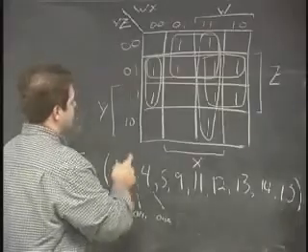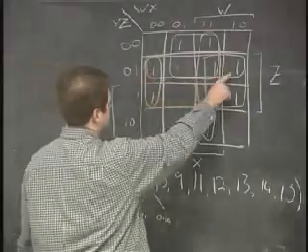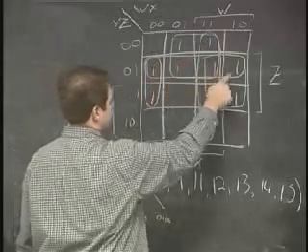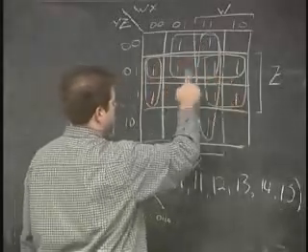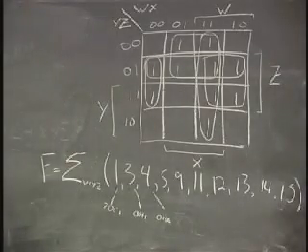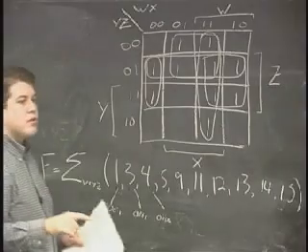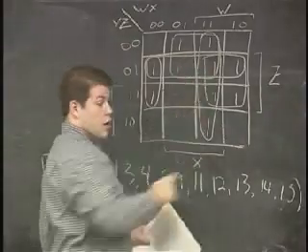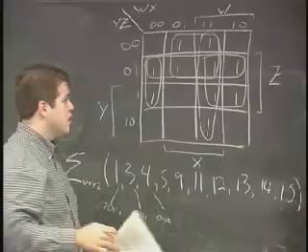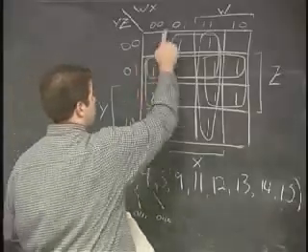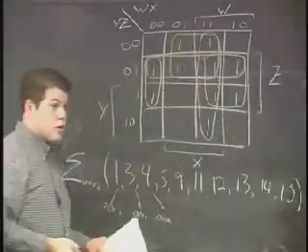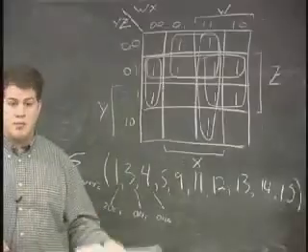We see that this line across here is covered in this here, and this here, right? So the line here isn't really necessary. So we're going to define some things here. Anytime we draw a circle around a group of numbers in here, we call that a prime implicant. So this is a prime implicant, this is a prime implicant, this is a prime implicant. Each one of the circles we draw defines a prime implicant.